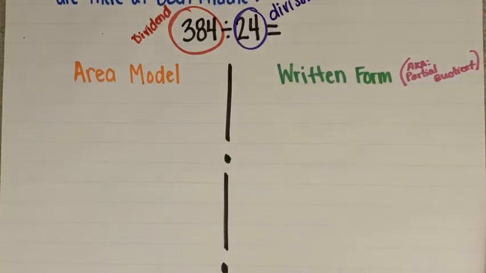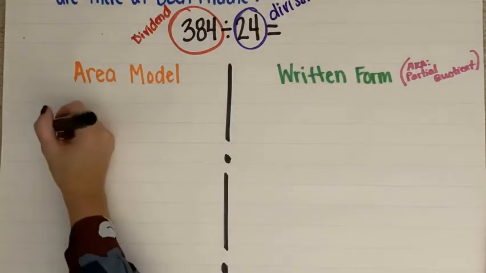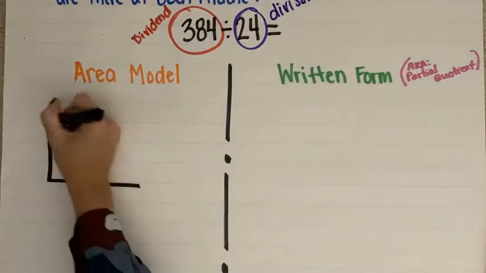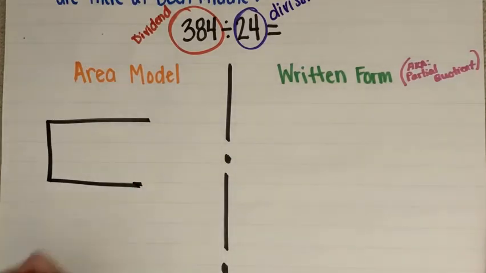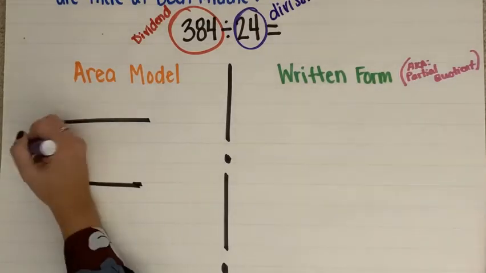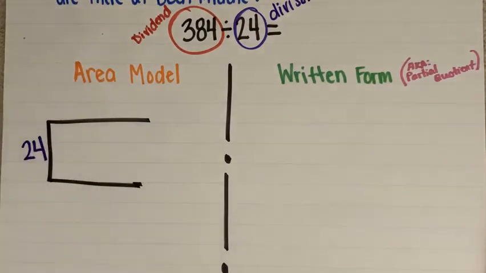Okay, with an area model, I'm going to move my notes because I have notes that help me with these two strategies. So it's two ways to model partial quotient. The first thing you're going to do is create an open box. Here's my open box, because with an area model, it could go on until we close out our division problem. I'm going to put the divisor on the outside of my box.